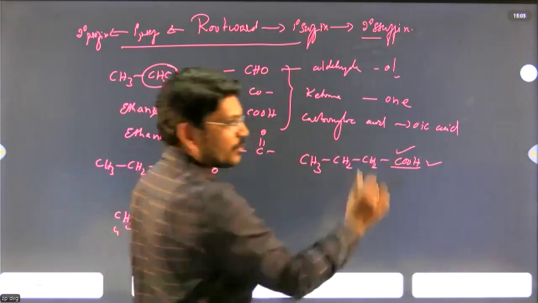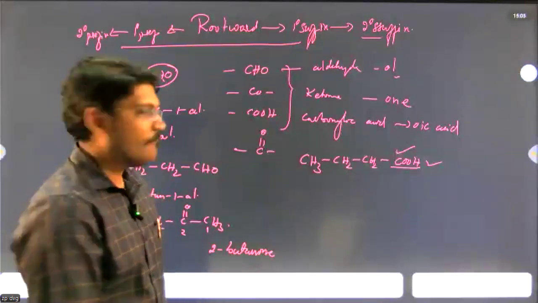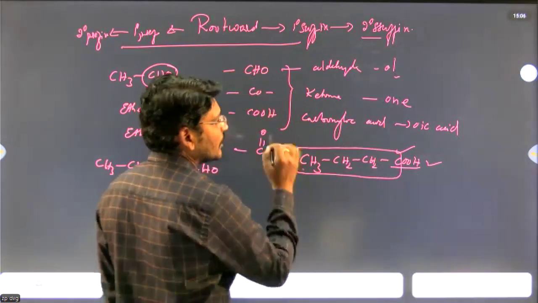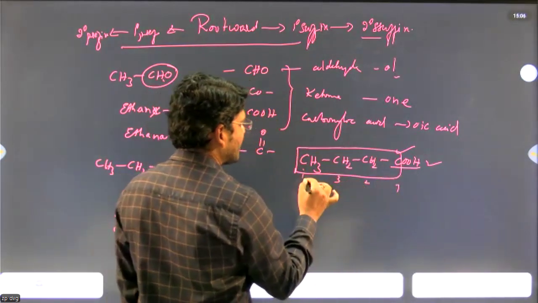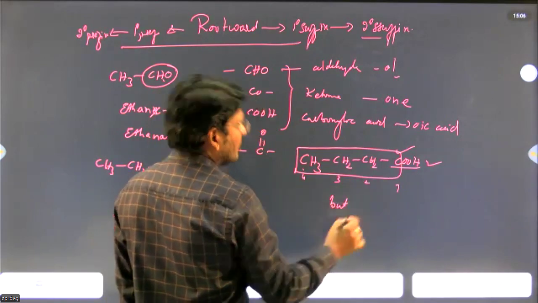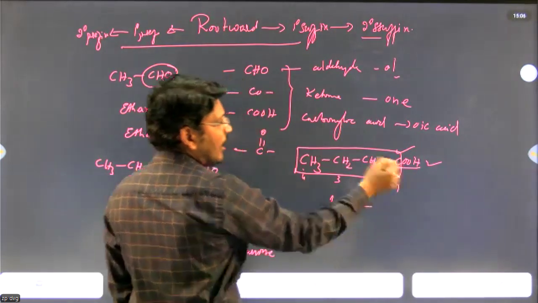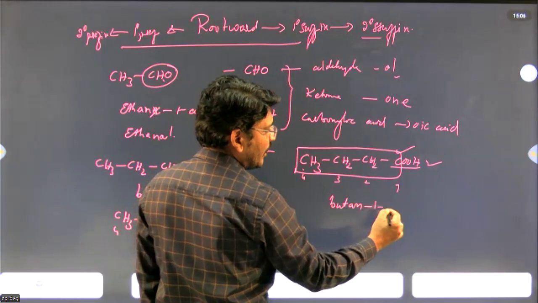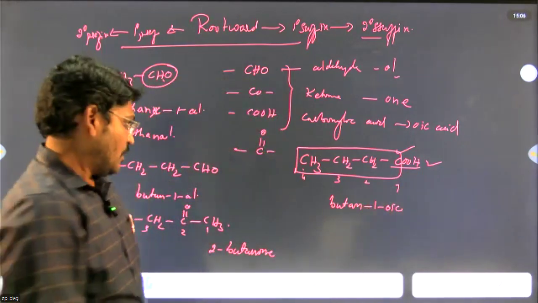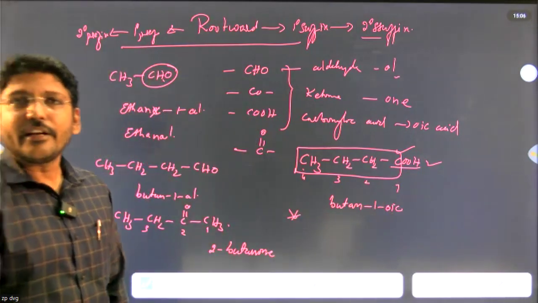If any terminal functional group is there, compulsorily we have to choose the carbon present in the functional group, and this acts as the parent chain. Here 1, 2, 3, and 4. The root word is taken as but, the primary suffix we use is an, and the position of the functional group is 1, oic acid. Otherwise this is also called butanoic acid. By using all these things we can easily write IUPAC nomenclature.